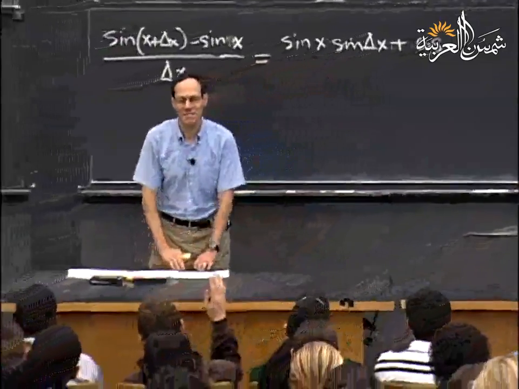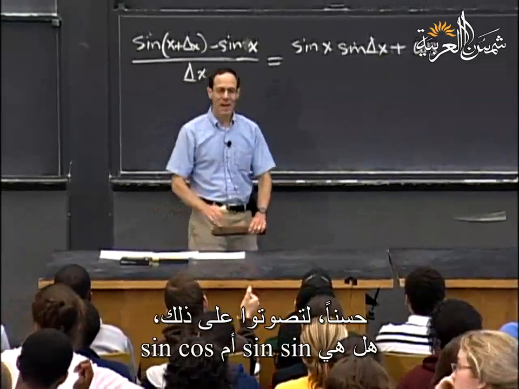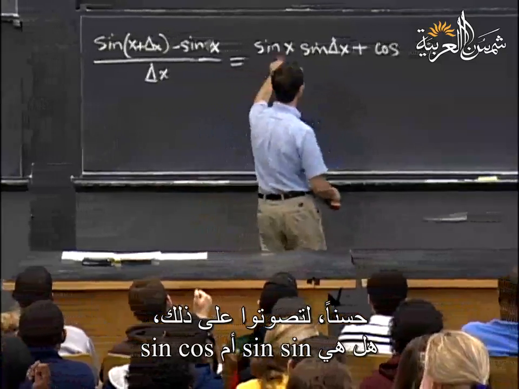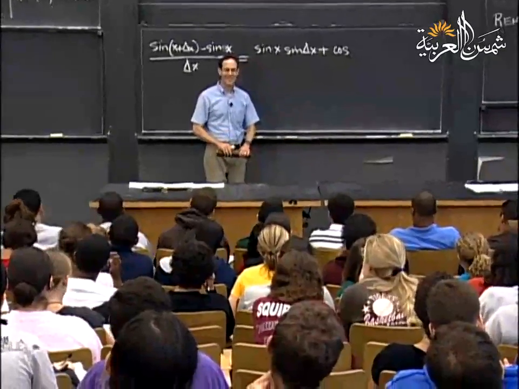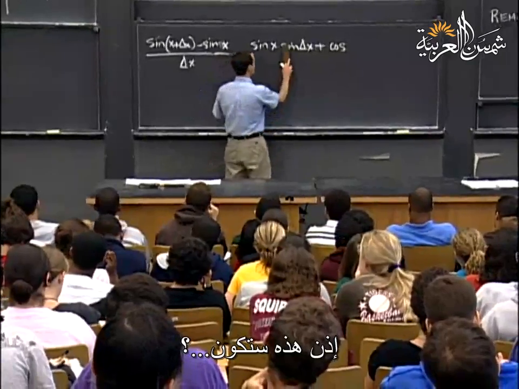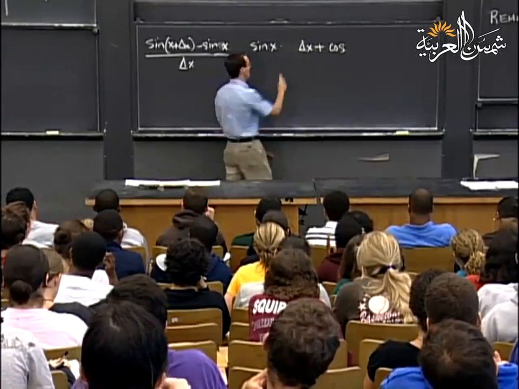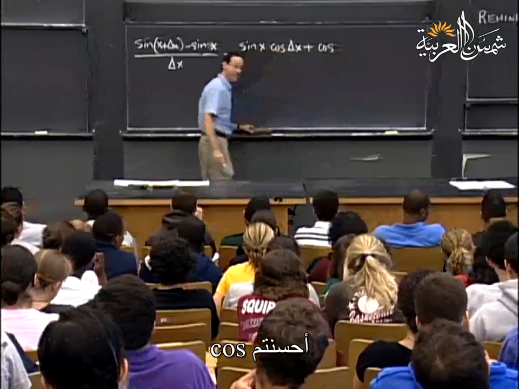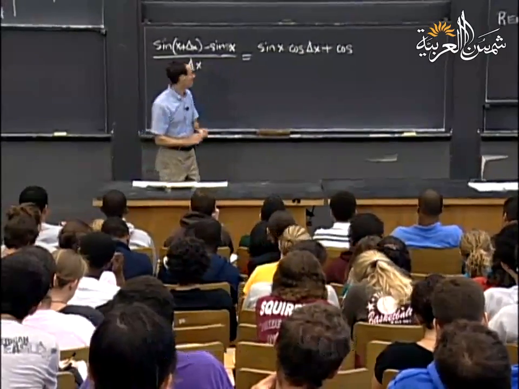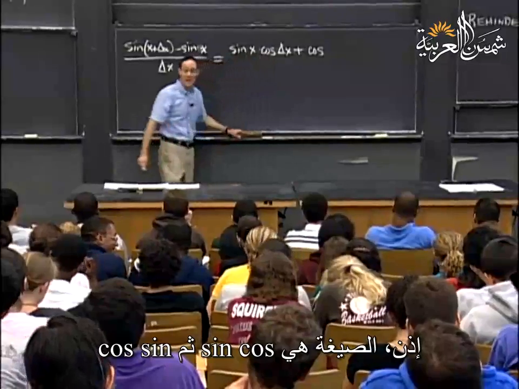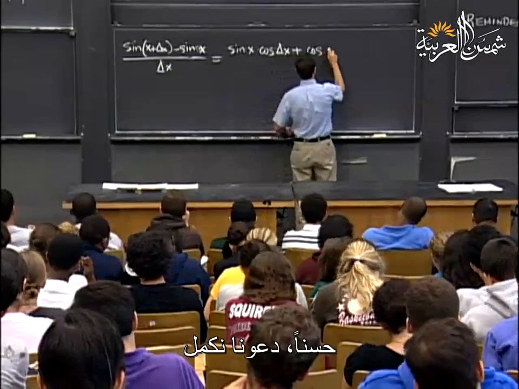So which is it? Okay. All right, let's take a vote. Is it sine sine or is it sine cosine? Okay. So is this going to be cosine? All right, you better remember these formulas, all right? Okay, it turns out that it's sine cosine, cosine sine.